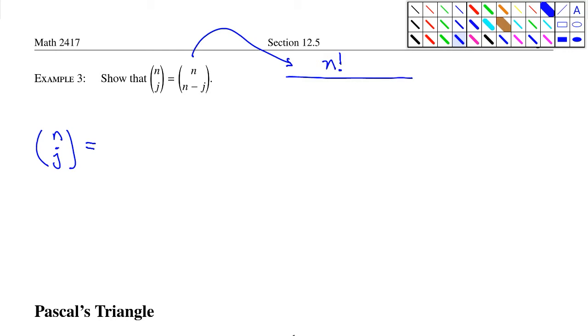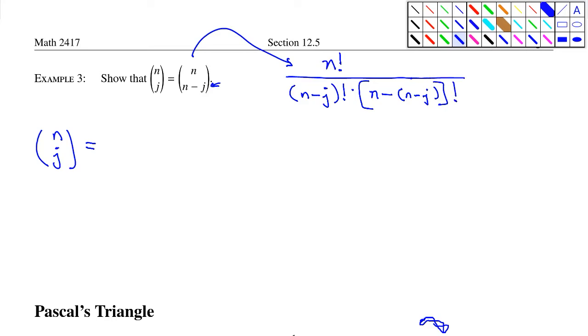N factorial on the top. Then, using the bottom term here, it would be n minus j factorial times, and then I need to get it to be n minus j factorial.